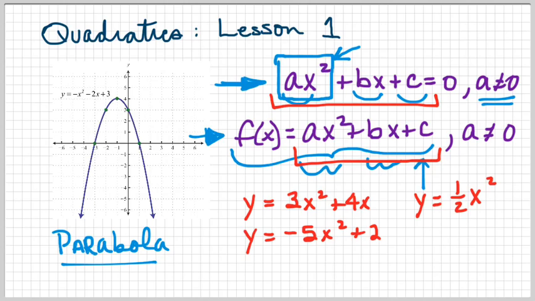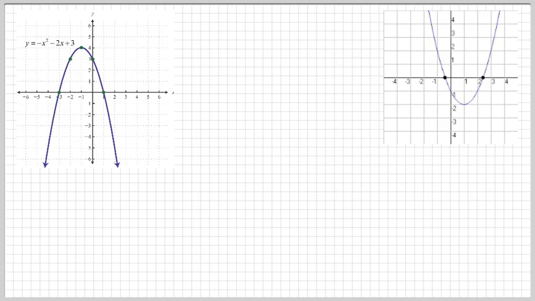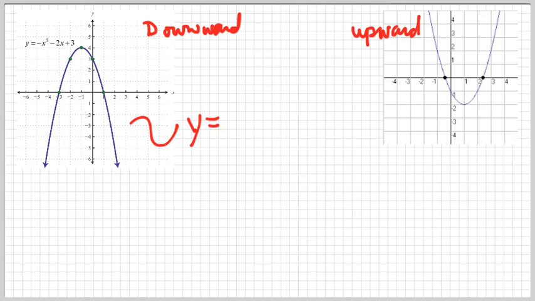Let's talk a little bit more about parabolas and their parts. Parabolas, if they are functions, are going to open one of two ways: they'll open downward, or they'll open upward. And you can actually tell from an equation whether it opens up or down. The equation for this one right here, you can see it on the screen or on the graph, is negative x squared minus 2x plus 3.